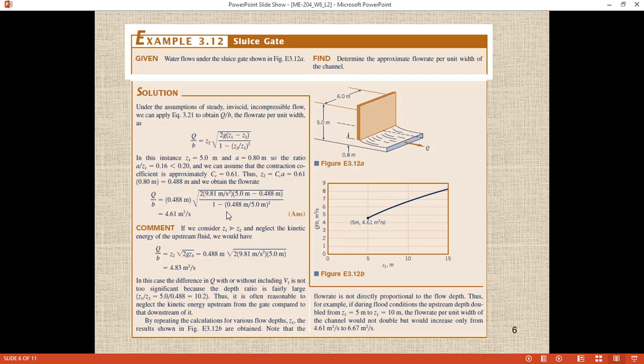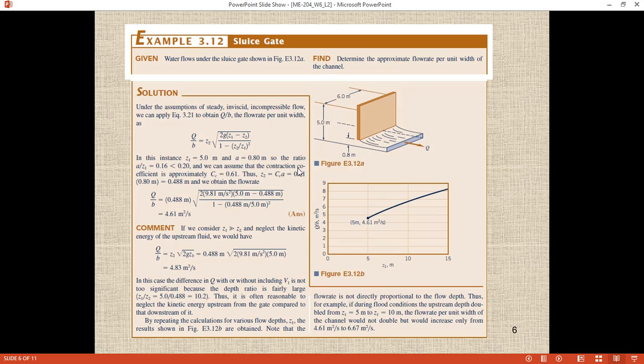So finally Z1 is equal to 5, A is equal to 0.8, which is given, and A over Z1 is 0.16, less than 2.0. So we can assume the contraction coefficient Cc, the geometrical correction factor.